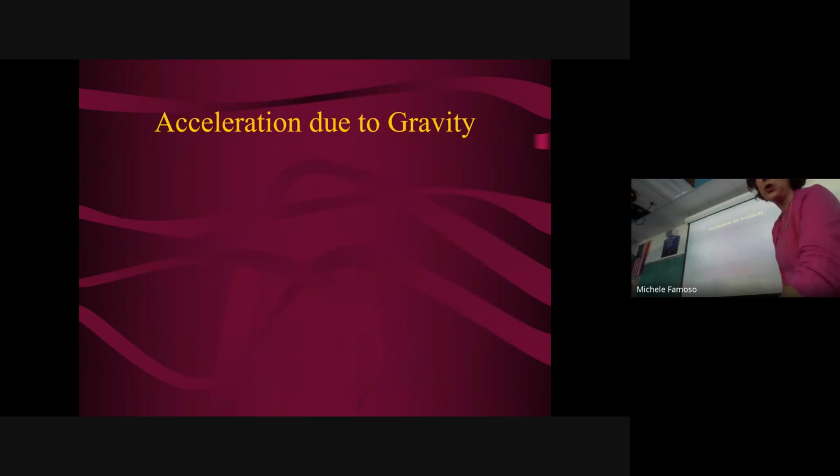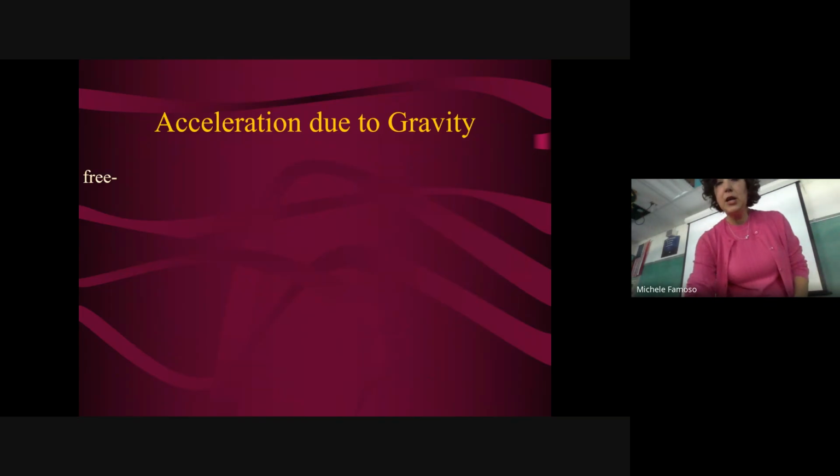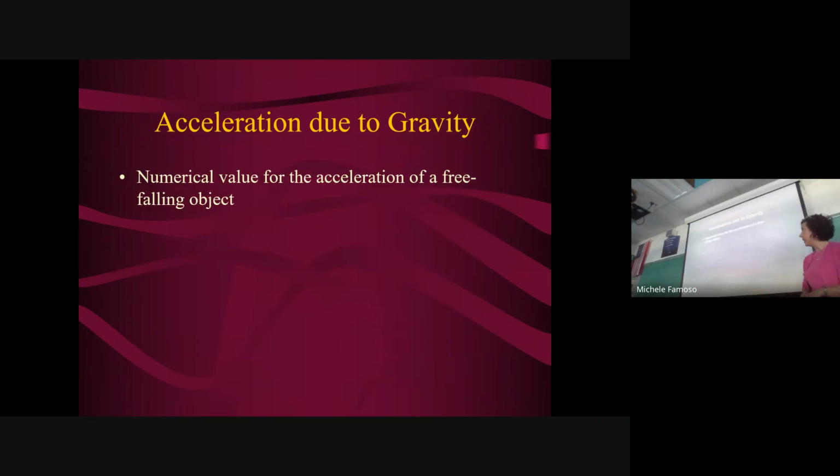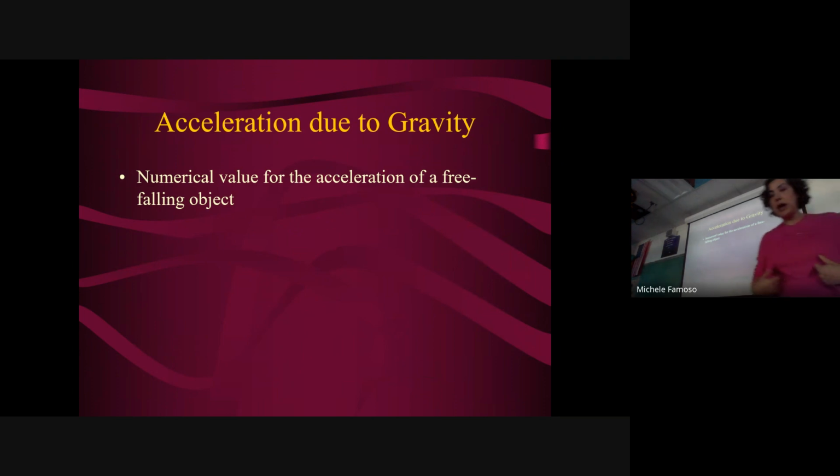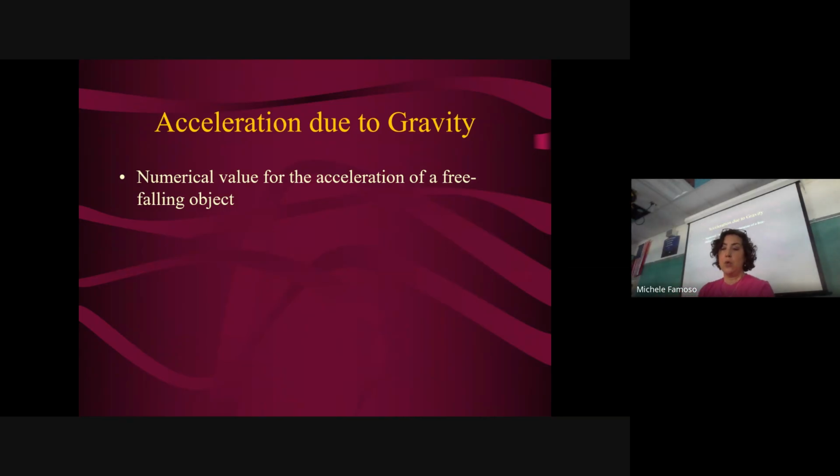All right. So let's now talk about the nitty-gritty. When we deal with an acceleration due to gravity, here on Earth, we're going to deal with a very specific numerical value. So the acceleration due to gravity is a very specific numerical value for the acceleration of an object in free fall. We're going to deal with it primarily on the Earth.